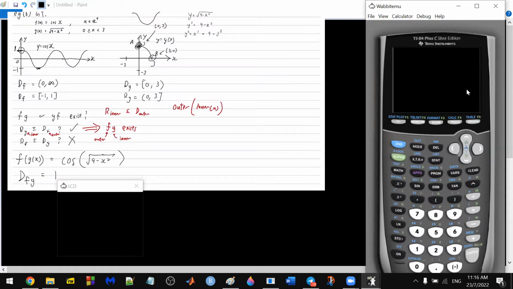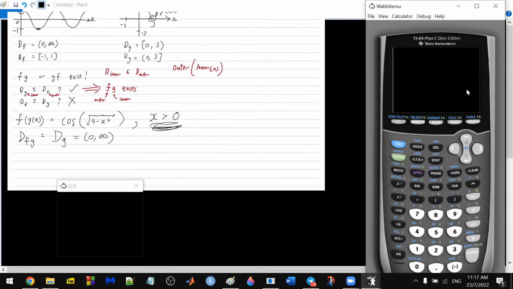Domain of fg equals to... domain of g, yes, then arrow, fg. Find the domain first. Slowly, we find the domain first. Or in other words, you put down over here x more than 0. Same thing. Okay.